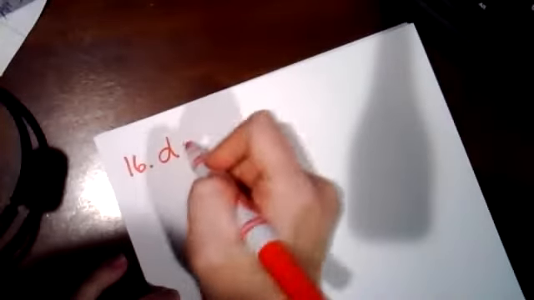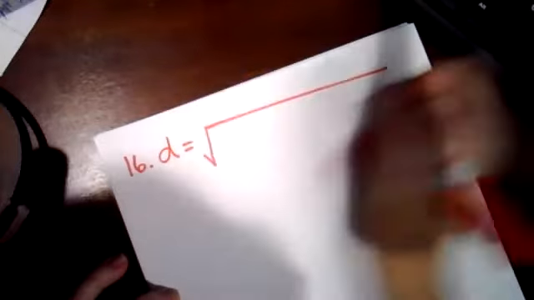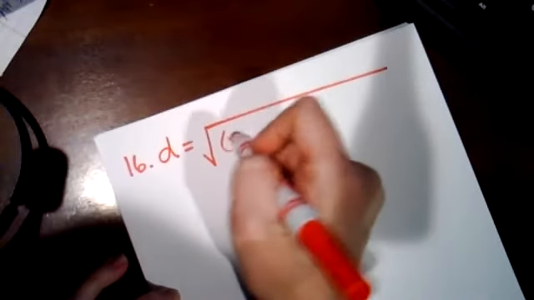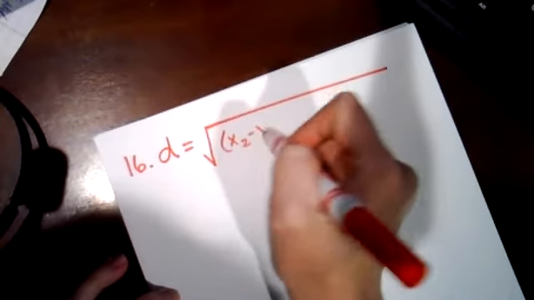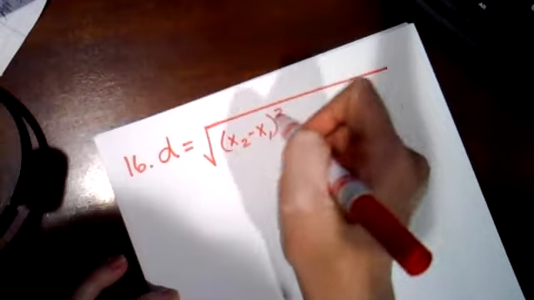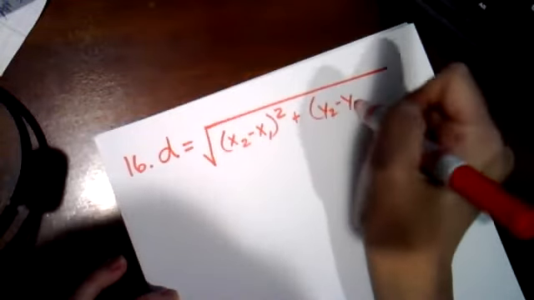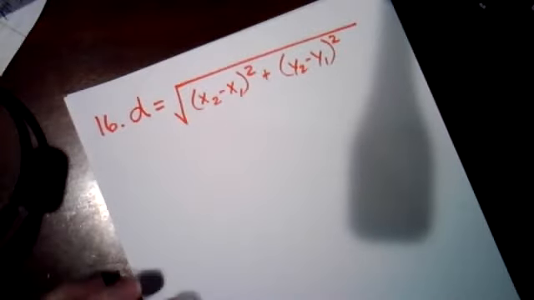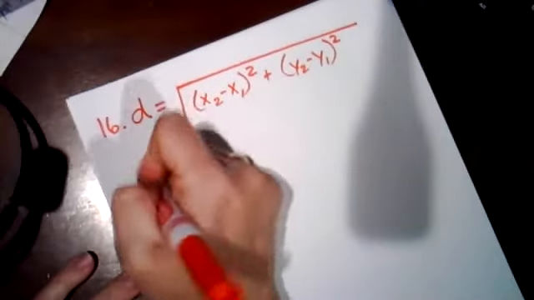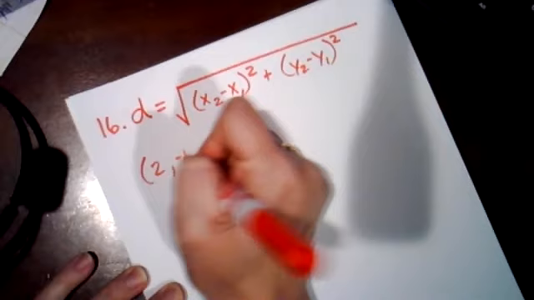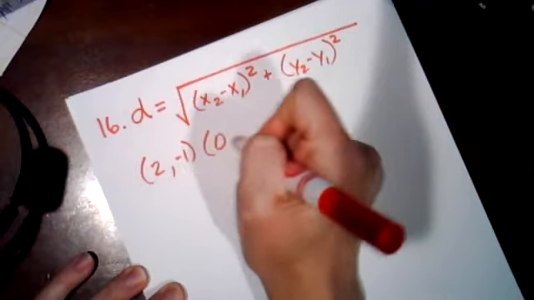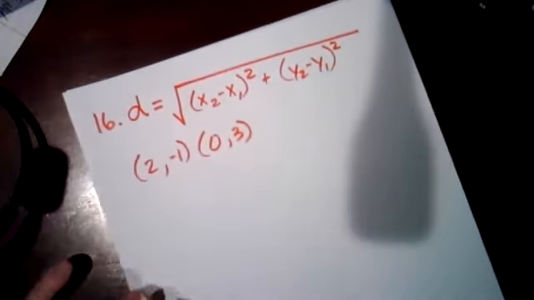Number 16. Remember what I said, have this at the top of your paper so you don't have to rewrite it: the square root of (x2 minus x1) squared plus (y2 minus y1) squared. Once we have this, I'm going to write my 2 points.